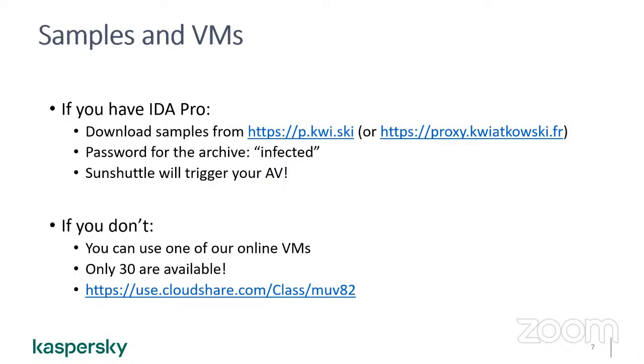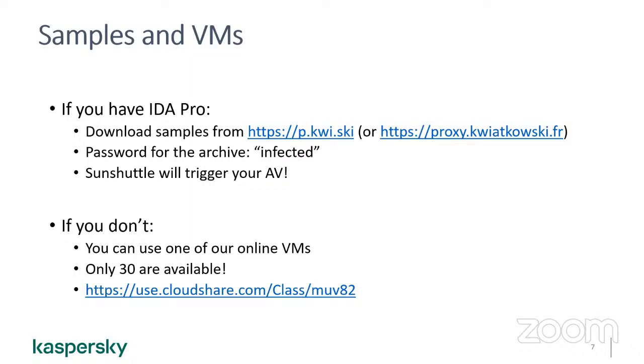But the connectivity might, well, I hope it will be comfortable, but it might just not be. If you do use those VMs, the samples are going to be in a folder on the desktop. There's going to be a folder on the desktop called samples or tracks or something like this, and then you go to the very last folder, which is Go or Sun Shuttle, and then you will find everything in there.